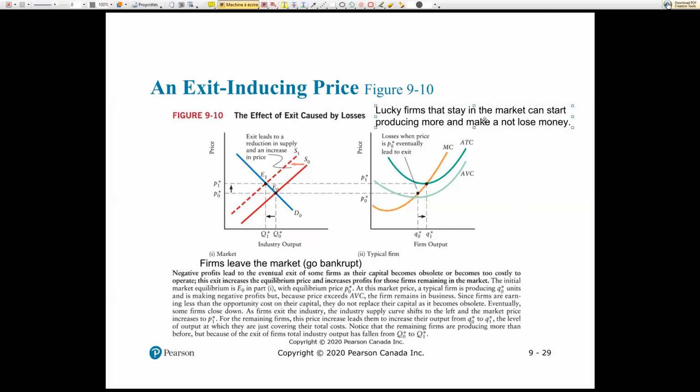Because, again, if P equals ATC, then their profit is 0.